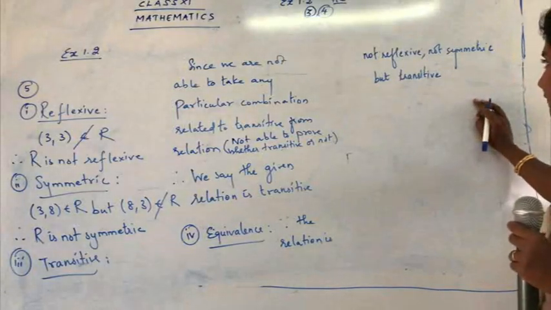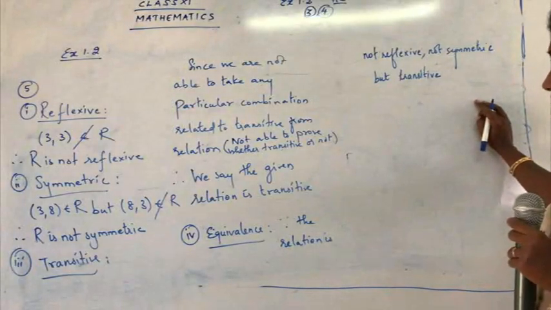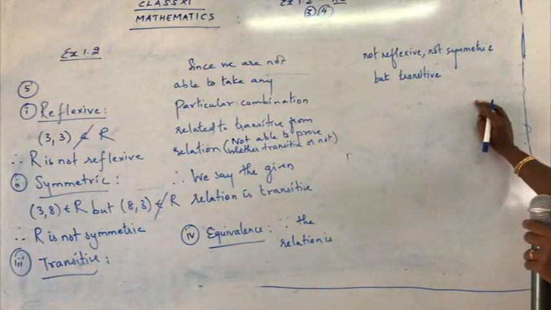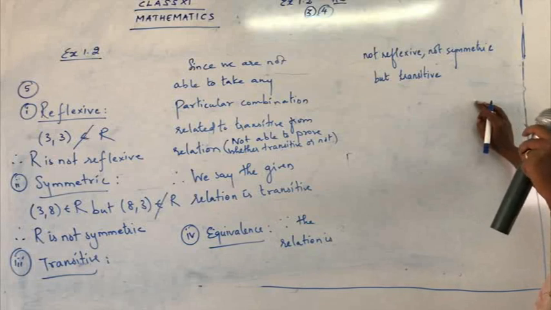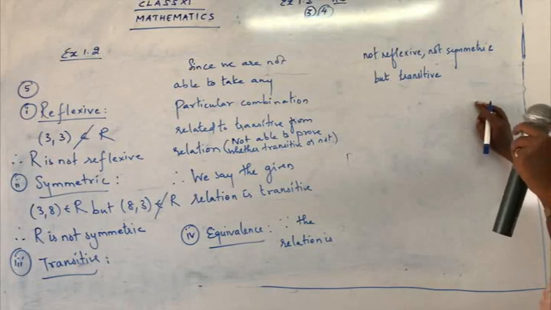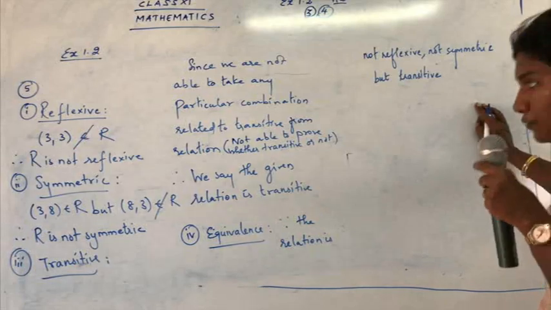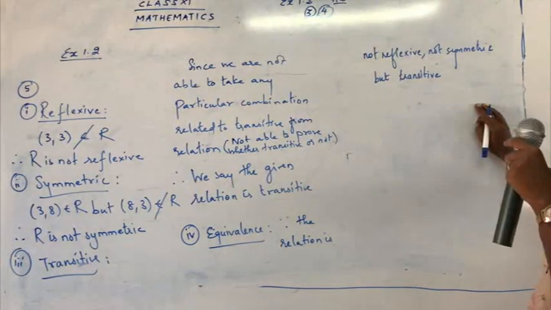So it was not reflexive, it was not symmetric, but transitive, we did not take the pair. We were not able to take any particular combination. We are just saying, because we are not able to prove, that the relation was transitive.